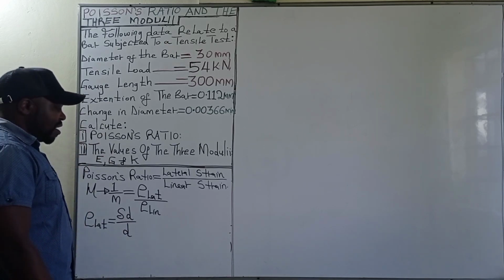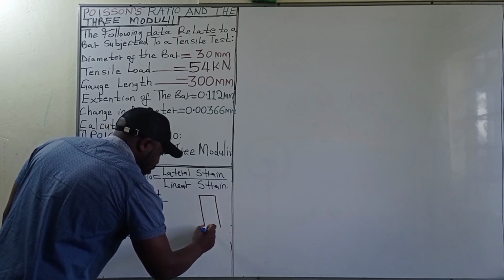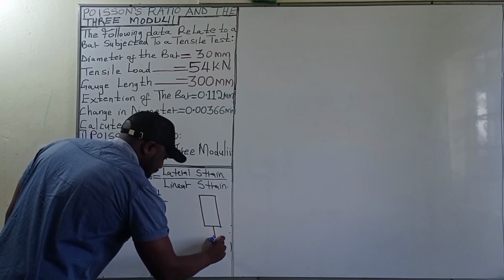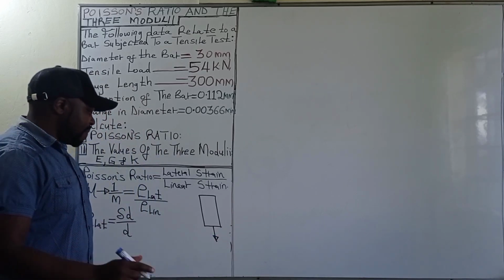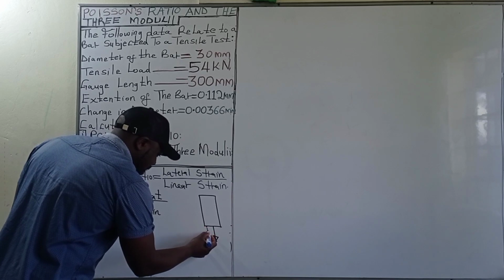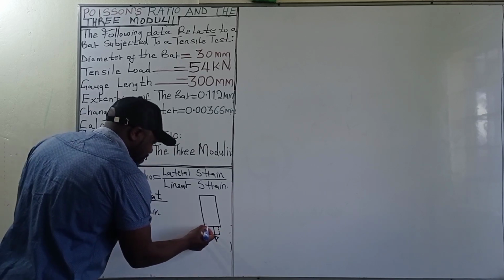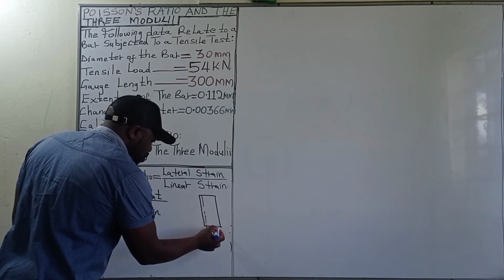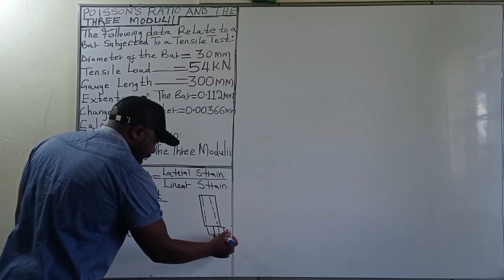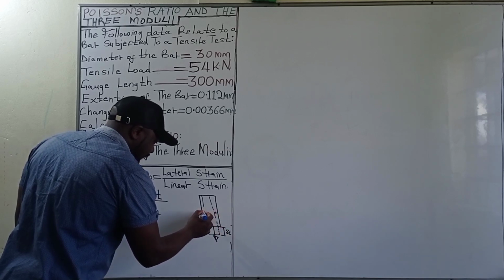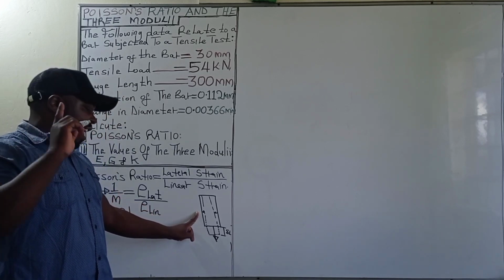Remember, we said this: when a material is subjected to a tensile load, there are two things that will happen to this bar. One, the bar will extend, it will increase in length, and at the same time, its thickness will reduce. So we are going to have an increase in length, but at the same time, a decrease in diameter, or a decrease in thickness.